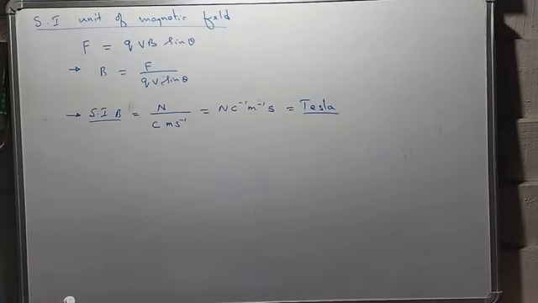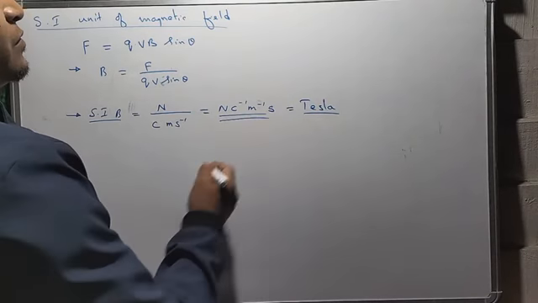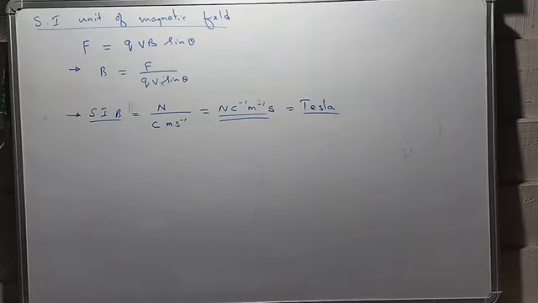Tesla is the name of a person, and he is a very famous person because he was the first person to discover the magnetic field. So in order to remember his name, the SI unit of magnetic field is given in his name, that is Tesla. So Tesla is equivalent to this unit.